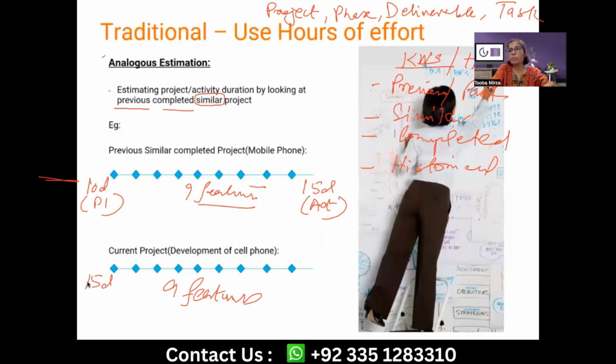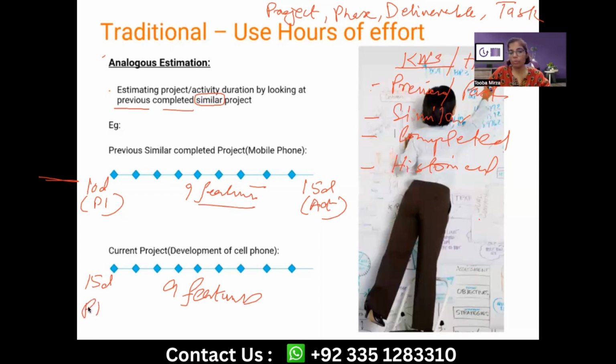So analogous estimation gives you a lot of flavor, a lot of insight about what has worked versus what has not worked for the previous team, for the similar kind of work that you are planning to do. Lessons learned, the PMI calls it lessons learned. So it should be planned for 15 days now.